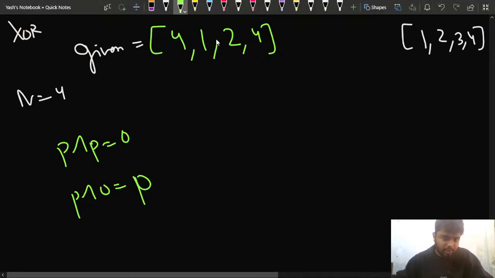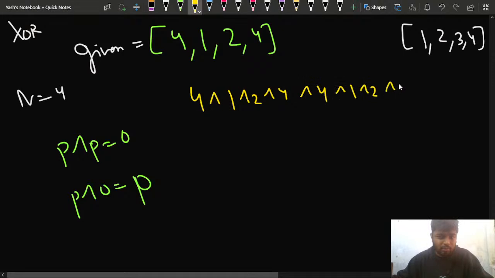So if you XOR this particular array, you first take the XOR of this array, so 4 XOR 1 XOR 2 XOR 4, and then you are saying we use this result again with XOR with the same array. So maybe I do something like 4 XOR 1 XOR 2 XOR 4, something like this you are saying.